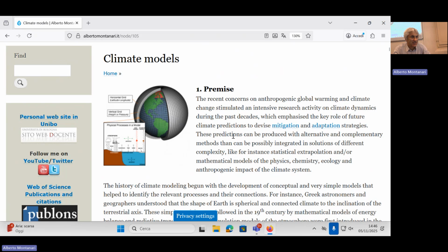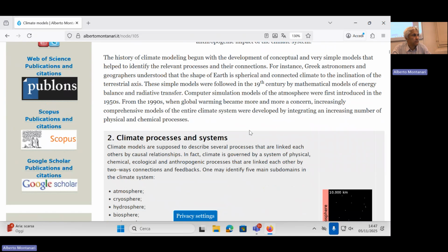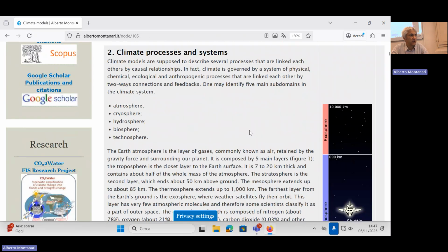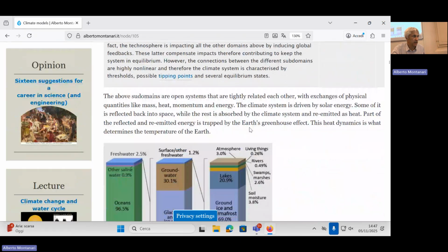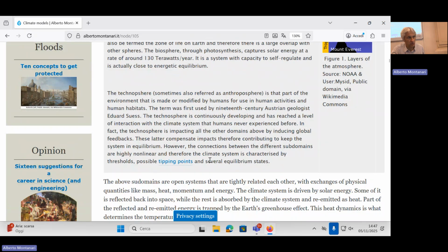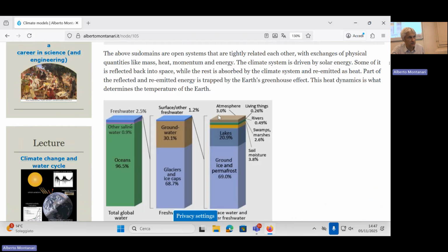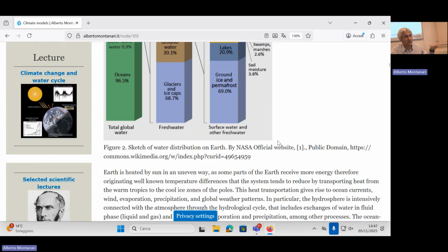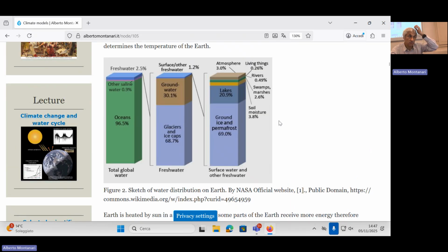Second, let's discuss how these models are structured. We already know that they are based on conservation equations. Here there is a discussion about the spheres, and it's already given in the previous lecture, so we skip it. Also here there is some recall of tipping points. Here there is a reference to water, and let's forget it. It's not really important.